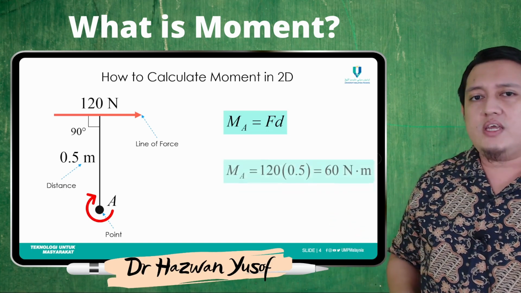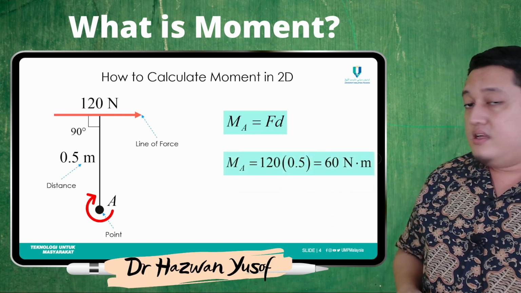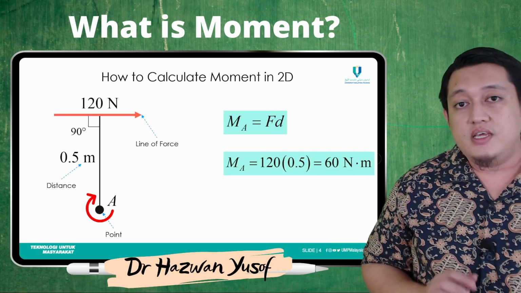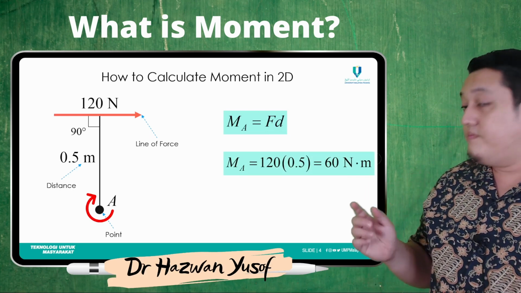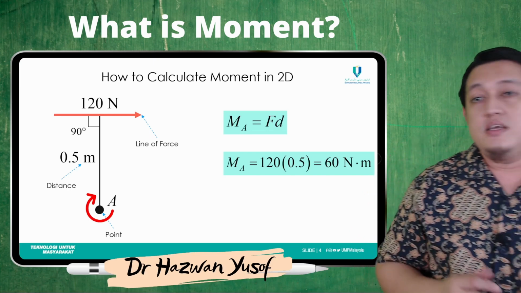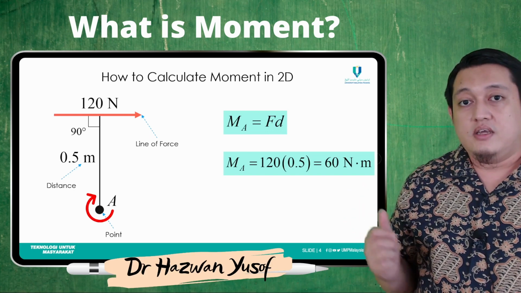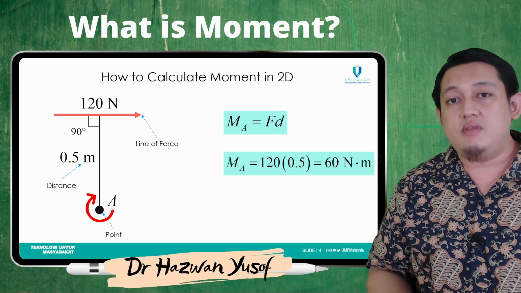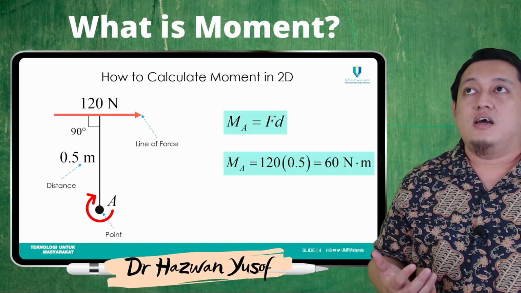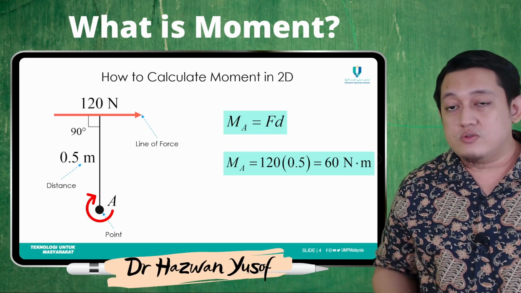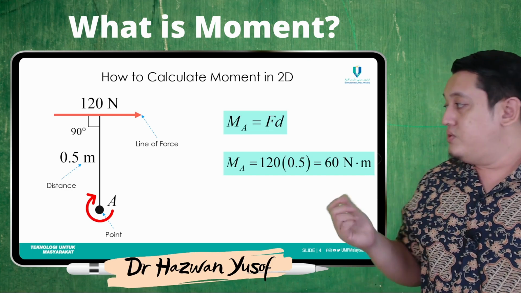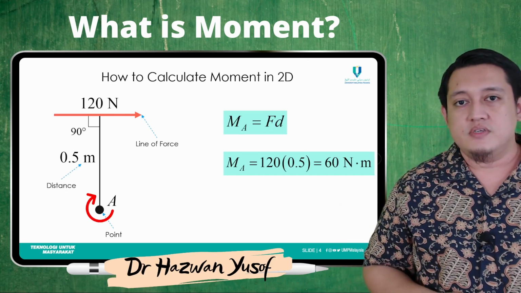Then moment at A is equal to 120 times 0.5, which is equal to 60 Newton meter. So the unit of moment is Newton meter. If the distance is in centimeter, we can use Newton centimeter. If it is in millimeter, we can also use Newton millimeter. No problem, based on the unit that you are using.